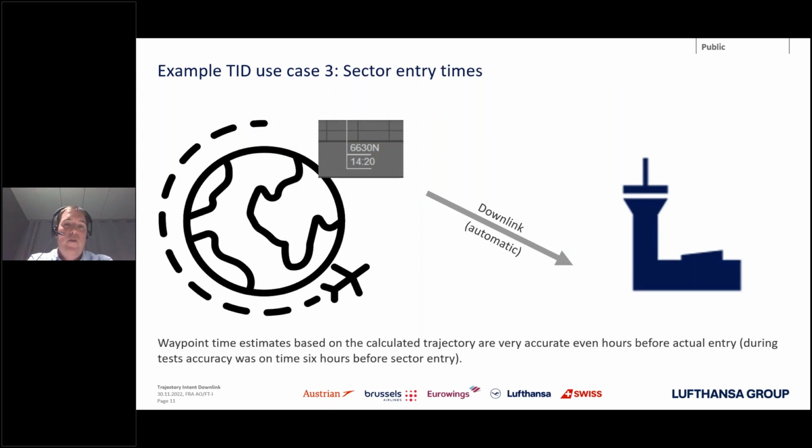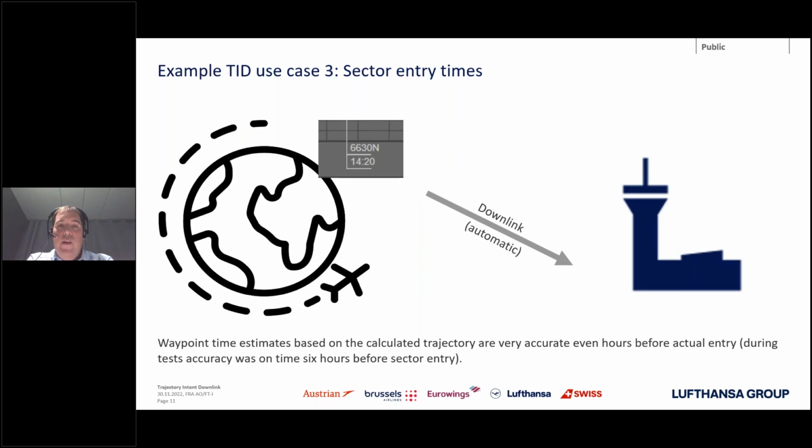And the next sample use case, sector entry times. An ANSP usually has a rough idea when a certain aircraft will enter their sector, but they don't know for sure. Sometimes they only get the information when they get it from the previous sector.